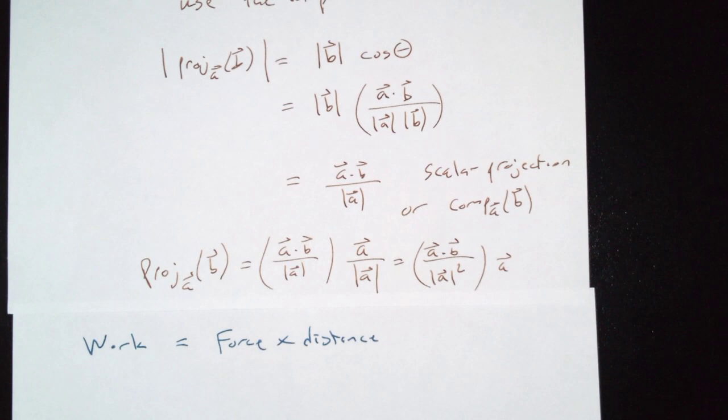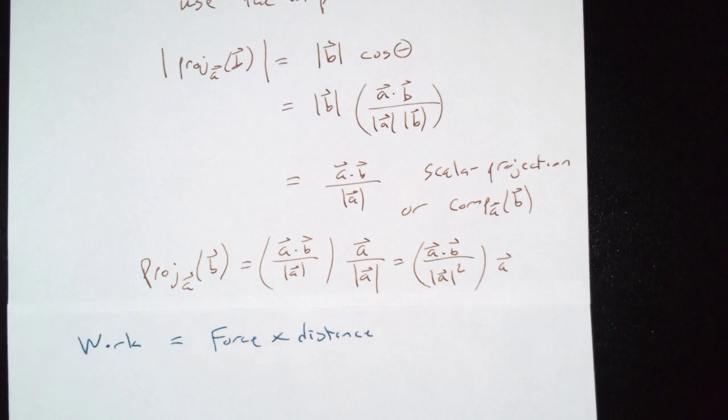So I'm actually trying to push this podium partially into the floor. That's not very helpful, is it? So how much of my force is actually going the right way? I have to take the part of it that goes parallel to the direction of motion. So in vector terms, we write force dot distance.